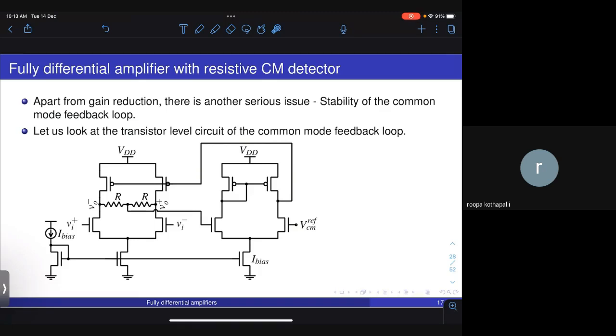This circuit actually looks similar to the two-stage op amps that we discussed yesterday. What we are interested in finding, this is a feedback loop. We want to see whether the feedback loop has any stability issues.